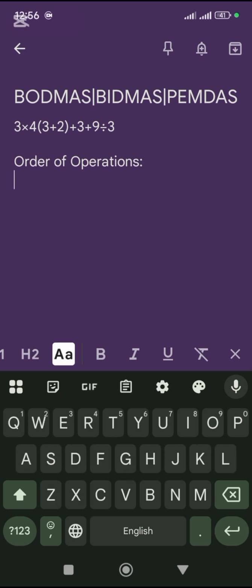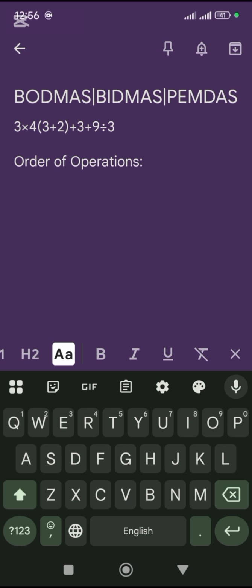Now that we know that BODMAS, BIDMAS, PEMDAS are a set of rules guiding us to perform operations in an order, the next question we want to ask ourselves is, what is BODMAS?